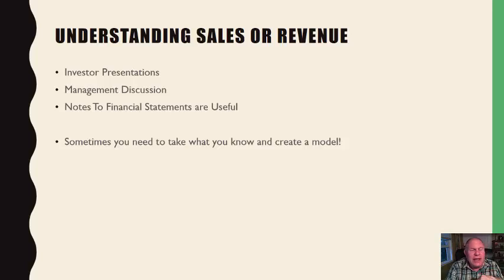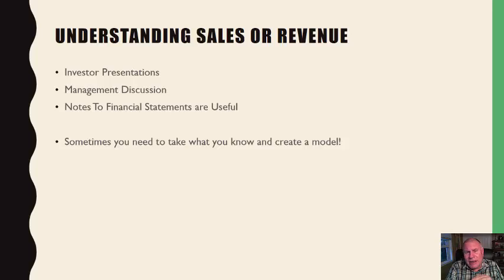Sometimes you need to take what you know and create a model. As you saw with Destination XL, I just created a very simple model based on what I found in the 10K. So you can find it too, looking at these different areas.